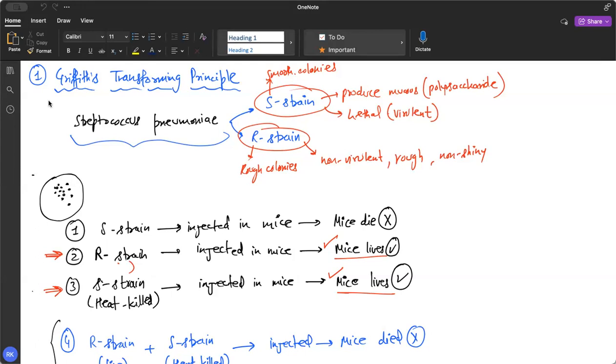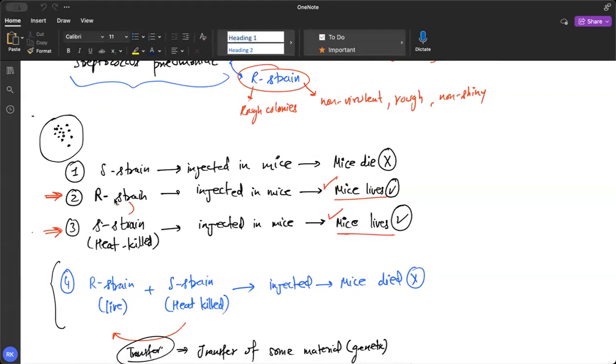He did this experiment where he injected the S strain and the R strain singly, and as people knew, the S strain killed the mice, but the R strain did not. Then he heat killed the S strain. Heat killing basically makes the bacteria unable to cause infection and unable to replicate, so the moment the bacteria enter the body, the immune system is more powerful and gets rid of them.